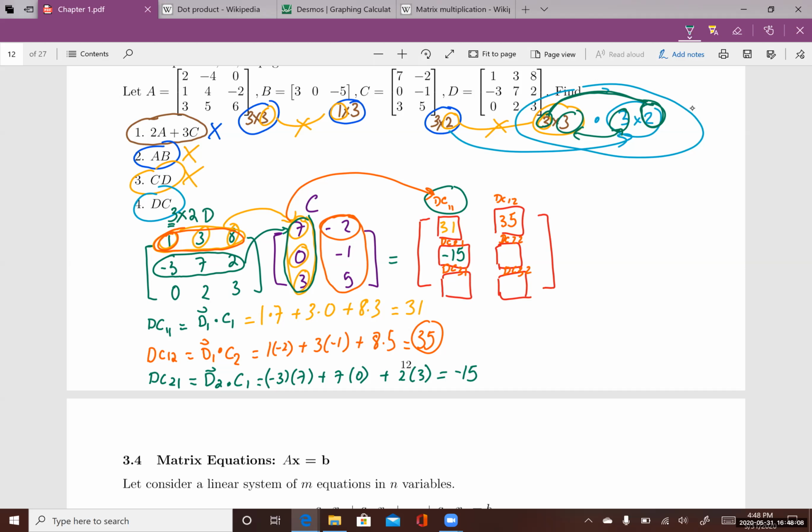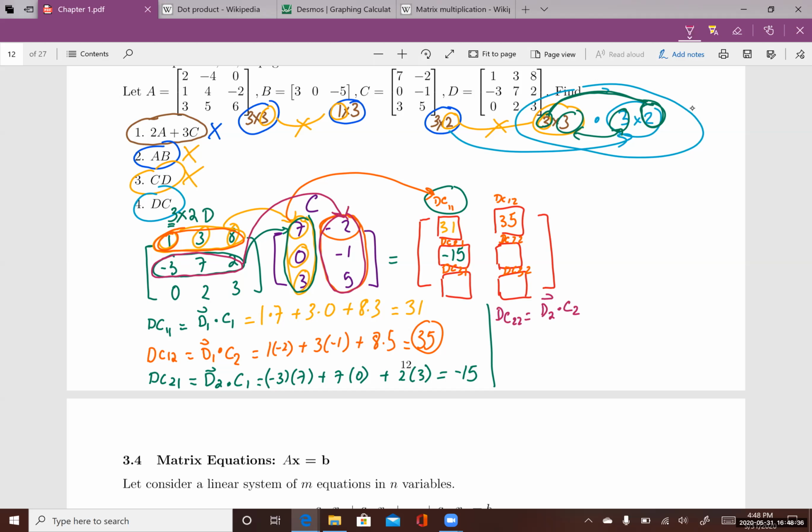Next, I want to find DC22. You take the row vector D2 multiplied by the second column of C, so row 2, column 2. You just need to dot product it.